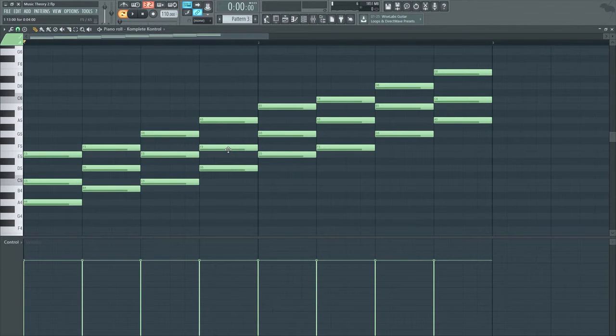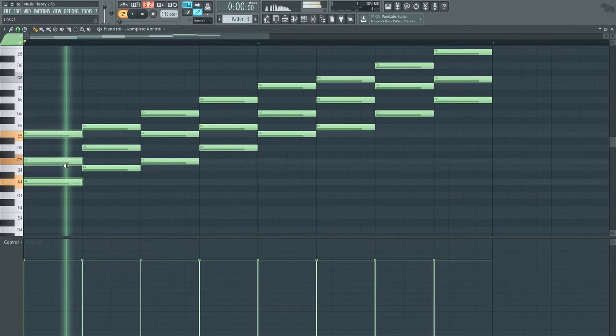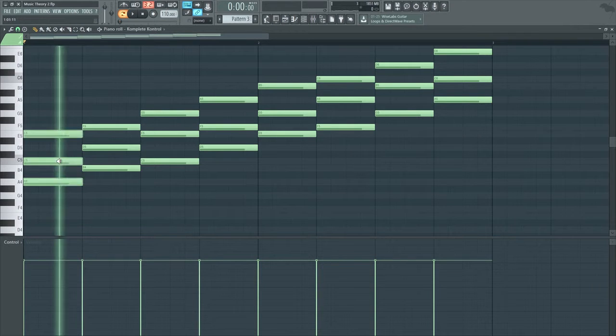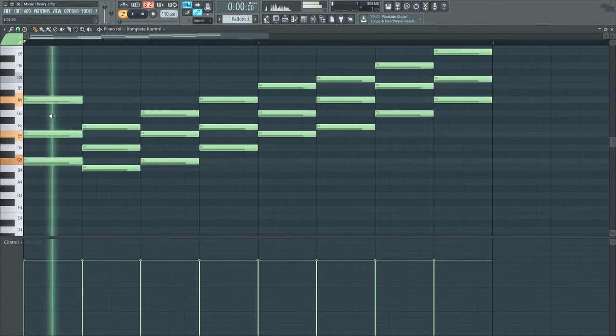Okay, let's also identify what an inversion is. So this is a chord. An inversion just means that you can rearrange the notes in this triad, in this chord, in any manner that you like, as long as you're using the same 3 notes. I can move a note higher. This is just an inversion, meaning we're using the same notes in the triad chord, just in a different combination.